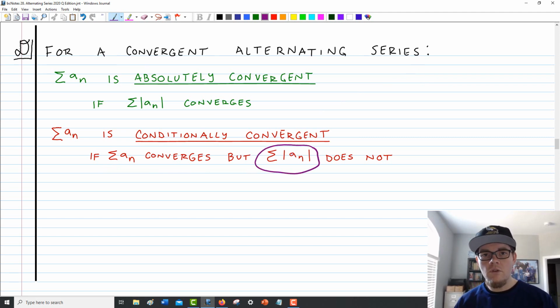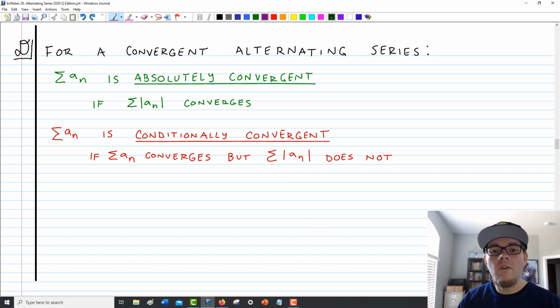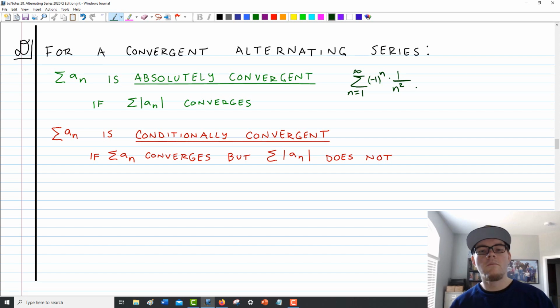And this can be a little tricky when you start to look at these the first time, so let me just first give you an example of each of these things so you can kind of see what I mean. So for instance, here is a convergent alternating series in which the absolute value converges, in which case we would describe this alternating series as being absolutely convergent.